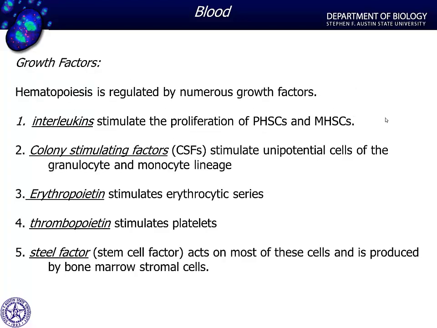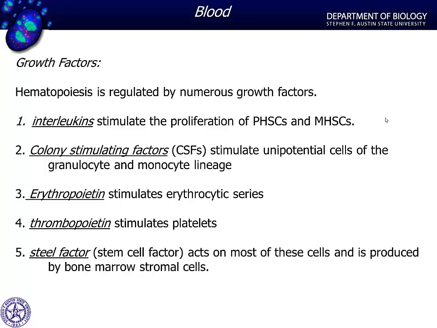So we talked about hematopoiesis. I know in physiology, we certainly talked about erythropoietin, but there are many other factors that help regulate this. Interleukins, for instance, they're going to stimulate the proliferation of our pluri and our multipotential stem cells. Colony stimulating factor, this is going to impact unipotential cells of the granulocyte and the monocyte lineage to begin to clone themselves to produce more of their destined cell.